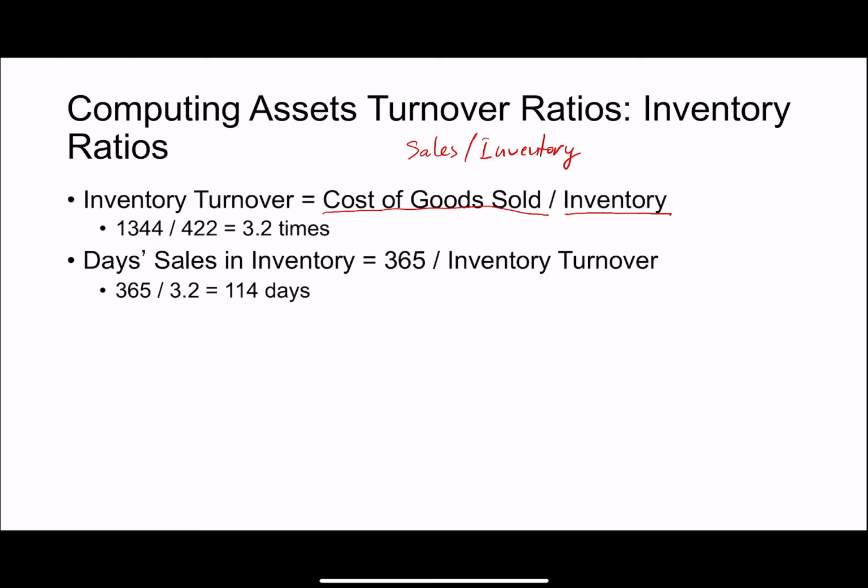Do you want to have your sales as high as possible while inventory is as low as possible, or the other way around? The answer is yes, you want sales as high as possible and inventory as low as possible, because it means that you're not stuck with your inventories on the balance sheet. You're not stuck with your money being tied up in inventory.